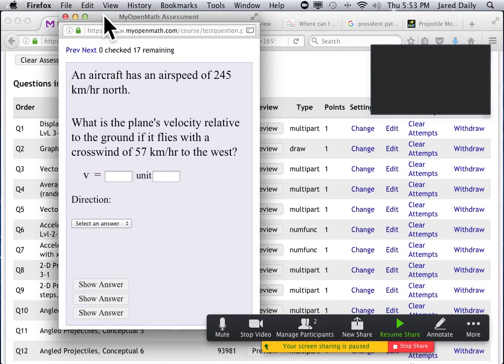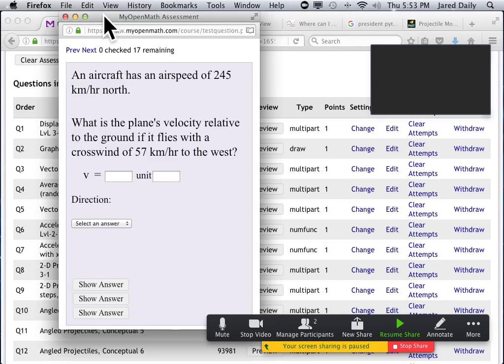Number 5, aircraft airspeed of 245 kilometers an hour north. This one is the one where we have additive velocities, right? Airspeed means how fast it's moving relative to the air.